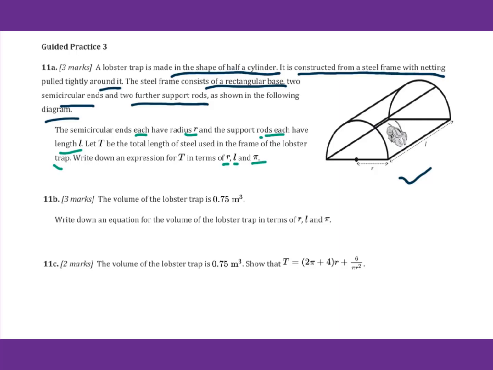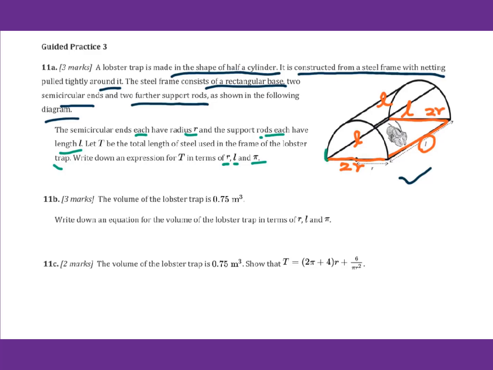From this diagram, we could see we have 4 of this L. And the length from here to here, that's the diameter. We have 2r. This will be 2r times 2.